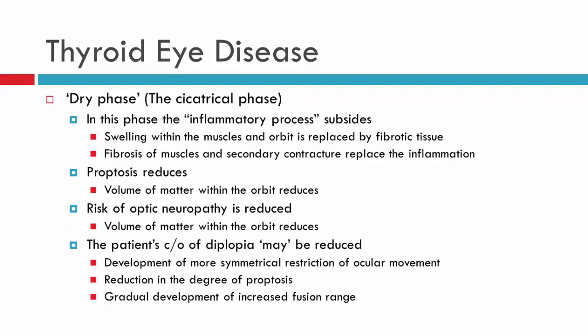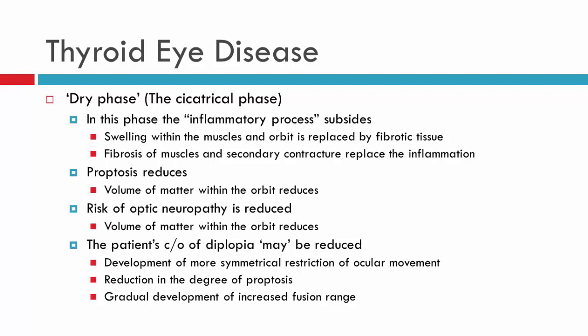Now, what's happening in the dry phase? In the dry phase, we've said that the inflammatory process is coming to an end and fibrosis is starting to settle in, and we're getting contraction of extraocular muscles, etc. During this process, there should be improvements in those soft tissue changes that we saw. Proptosis should reduce. There will be a decrease in the orbital volume, so the risk to the optic nerve reduces.